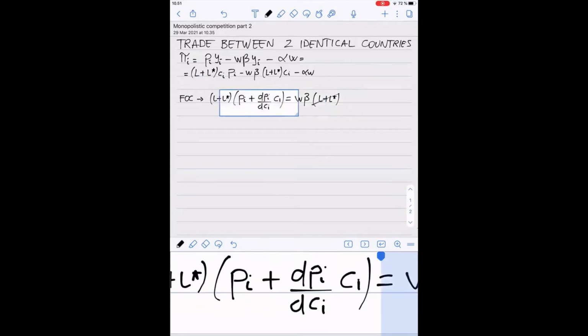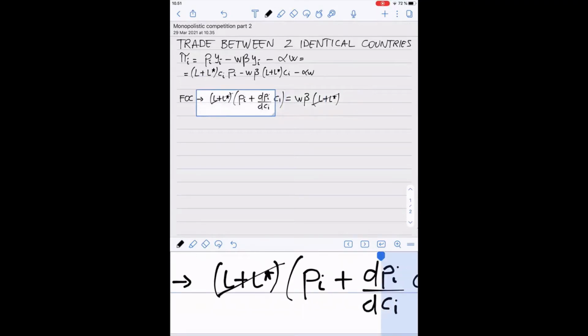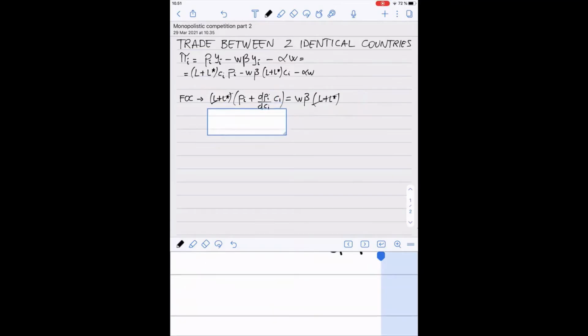So the L plus L star cancel out, and so no surprise that the fact that you trade with two countries does not affect the pricing equation, because we have the same FOC as we did in the autarky case.